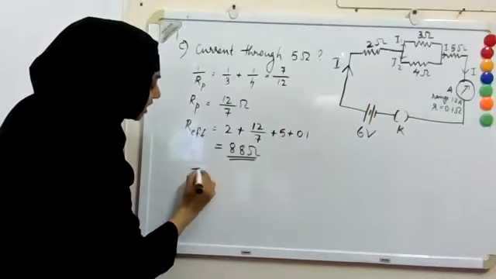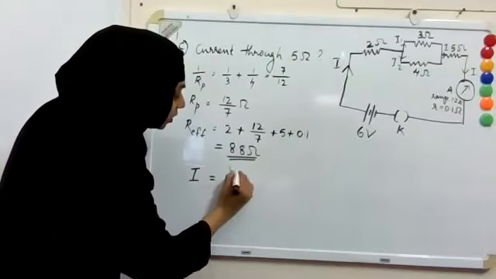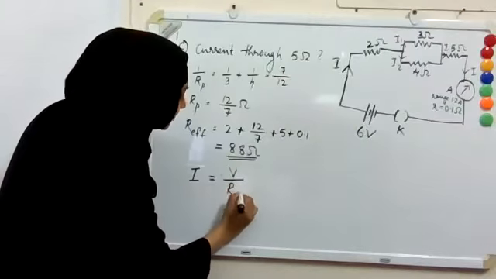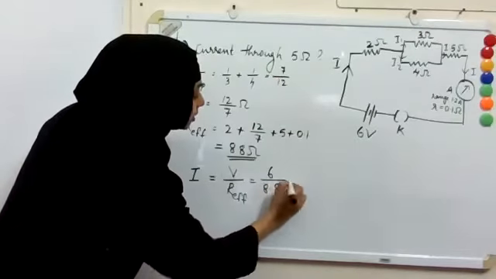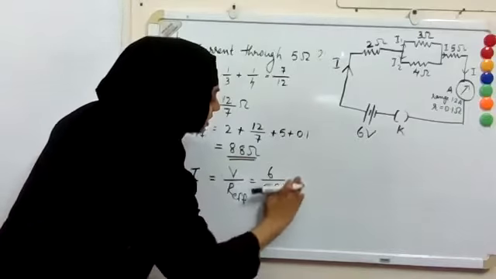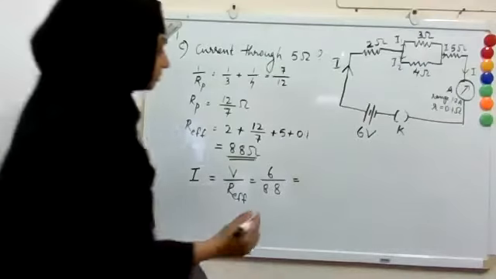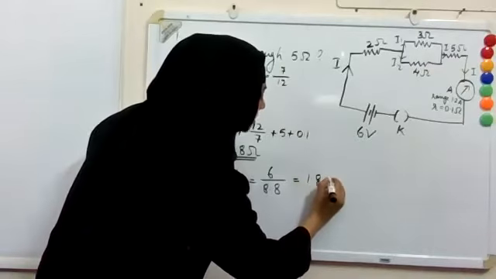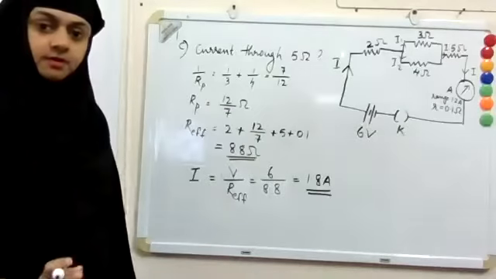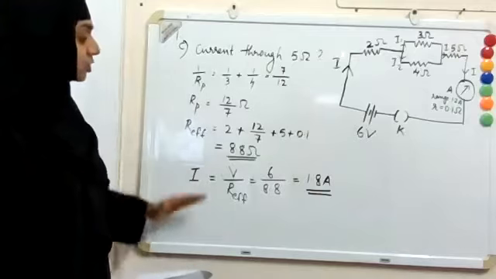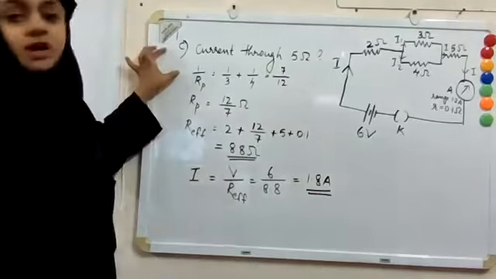So the current through 5 ohm, or the main current, will be equal to the voltage divided by the effective resistance, which is 6 divided by 8.8 ohm. You will get 1.8 amperes. Is this clear to you? Clear. So this is how you have to solve that. If you do this much, you will get 3 marks for this question.